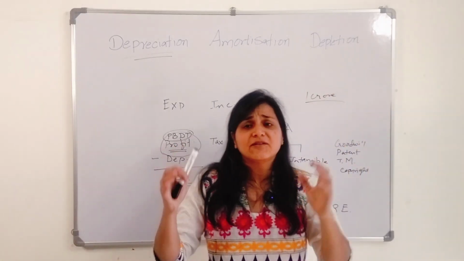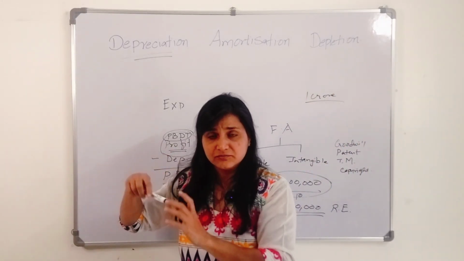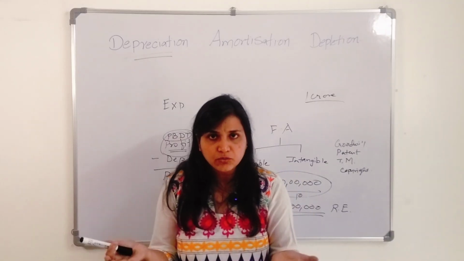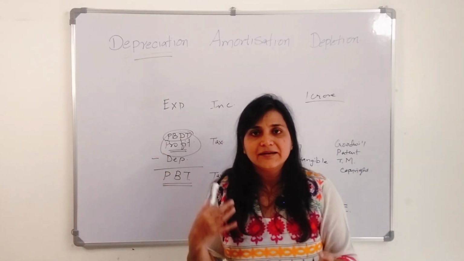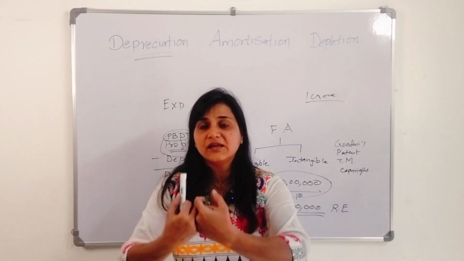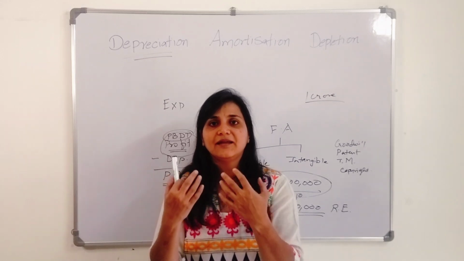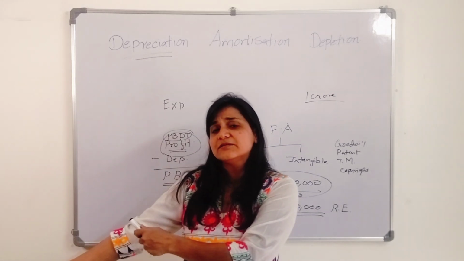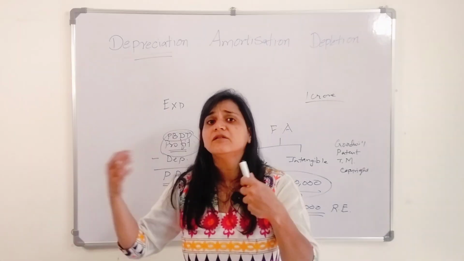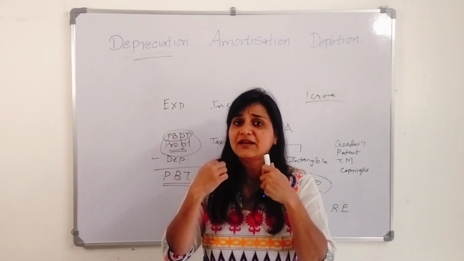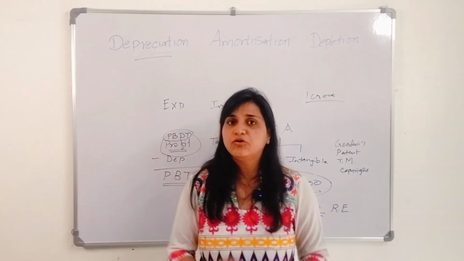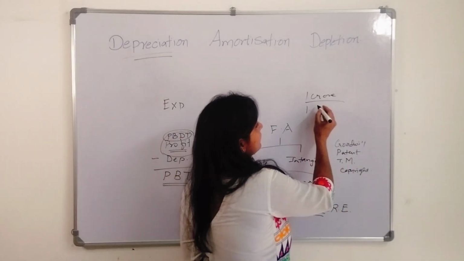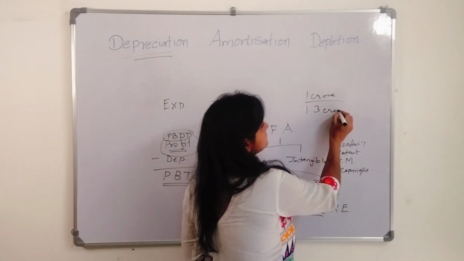So let's say the market value of that particular shop is 1 crore, but I'll say no, I have created that reputation in the market, I have created that name. The same shop is there next to me, but over there the customers are not coming. Why? Because of the reputation, because of the name that I have created. That is my goodwill. I am not going to sell it to you for 1 crore, I will sell it at 1.3 crores.